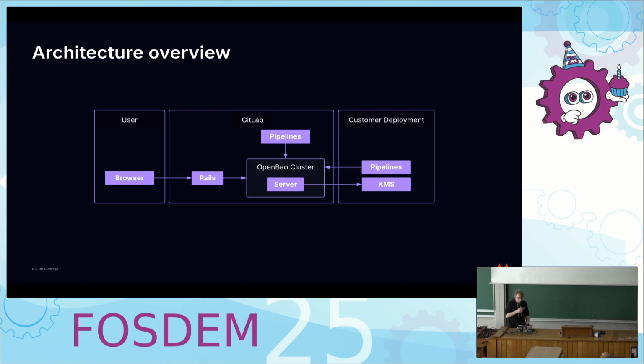With Postgres support landing in OpenBao officially, we'll be using that as our backend database. And we hope to make improvements to it and hopefully allow us to do self-managed GitLab deployments, as well as GitLab Dedicated and GitLab.com support.